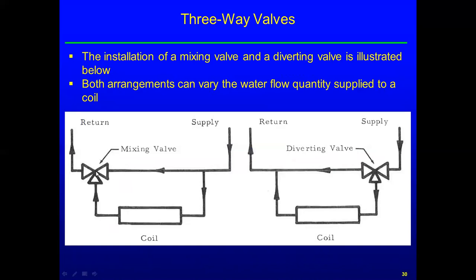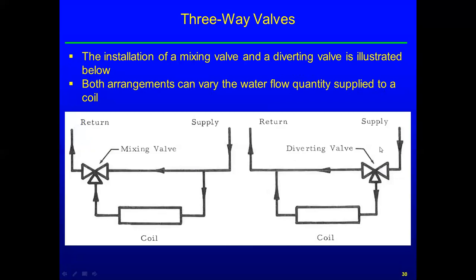Based on the position of the valve, again, it could be two position or modulating, but if it's blocking this port completely and opening this port, then all my flow will go through the coil. If it blocks this port, then obviously all the water would bypass the coil, or it could be in a 50-50 position, allowing 50% of the flow through the coil and 50% to bypass, and then they would mix in the valve and go on to the return.